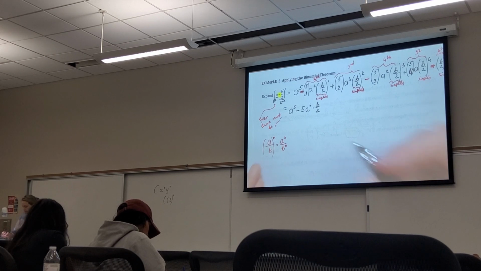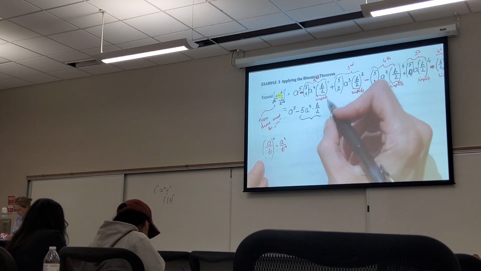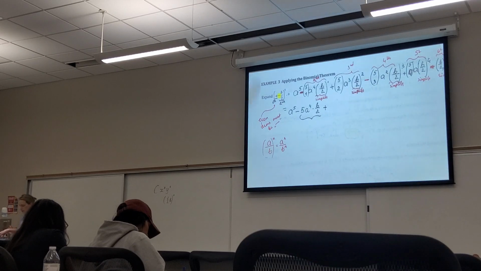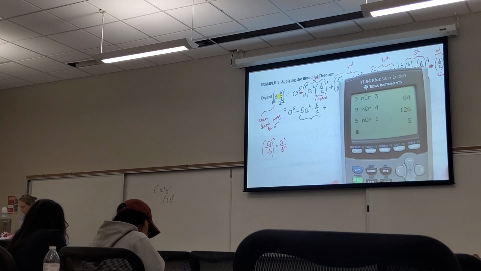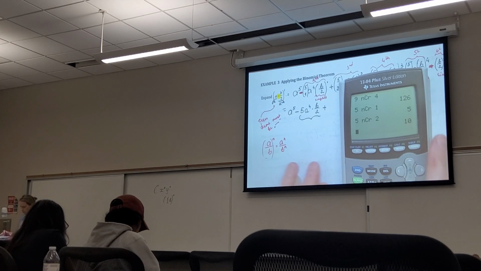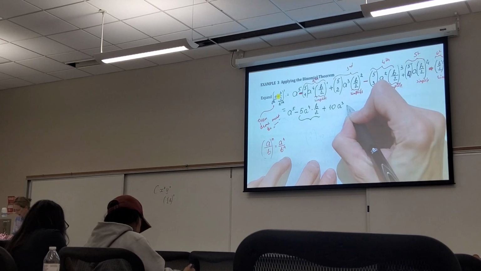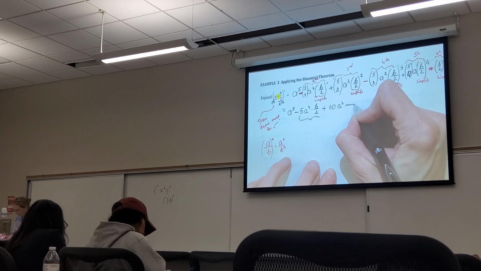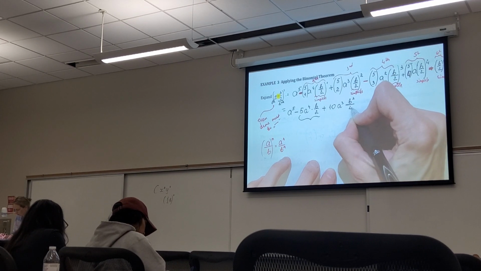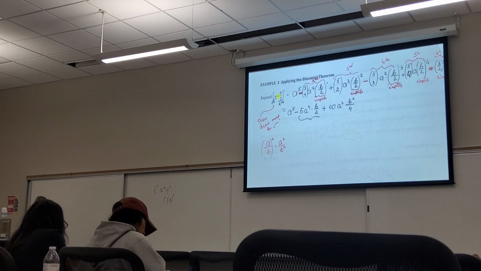Okay. Now this is my second term, I will need to simplify. Plus, now I'm looking for a coefficient. So I'm going to copy and paste and change it to 2, gives me 10. A cubed. And now be careful, it's b squared over 4. Do you agree?